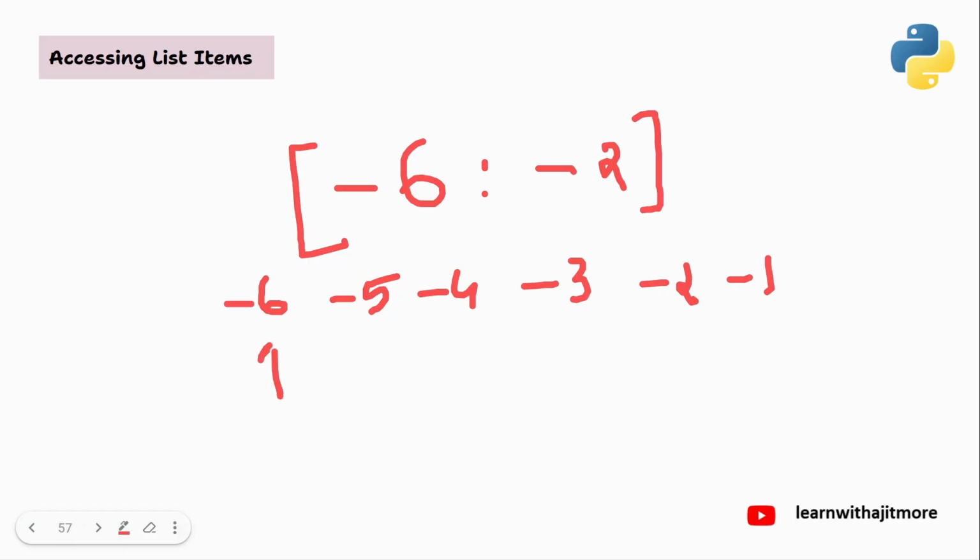So it will start from -6 and stop at -2, but -2 is exclusive, not inclusive. I have already said the second index is exclusive, so it will not consider it. So from -6 till -3, as many elements as there are, it will create a sublist and give you. You can call it a sublist. Okay, so I hope that part is also clear to you.